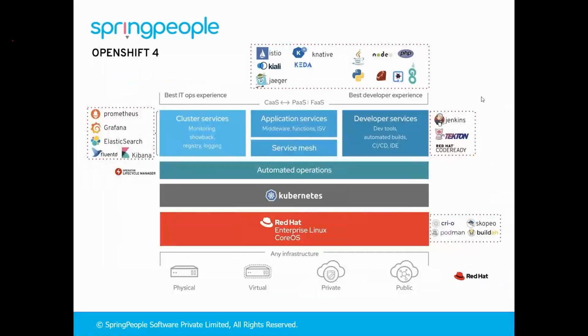So in OpenShift, first of all, you should have an operating system, that is Red Hat Enterprise Linux CoreOS. If you know about machines, there are multiple types of Linux flavors. But when you create a cluster of OpenShift 4, you should have one operating system called CoreOS, a container-optimized operating system.